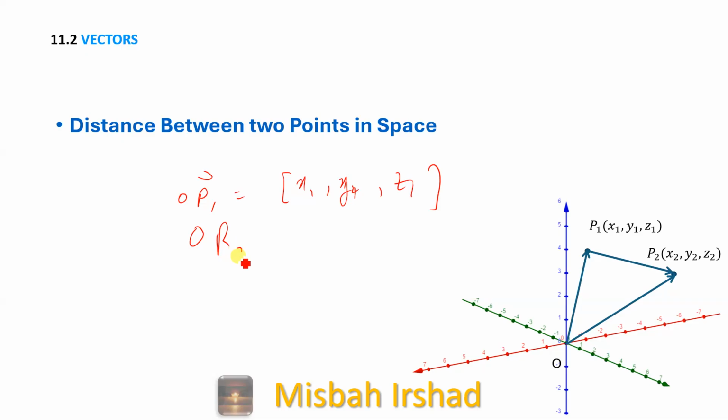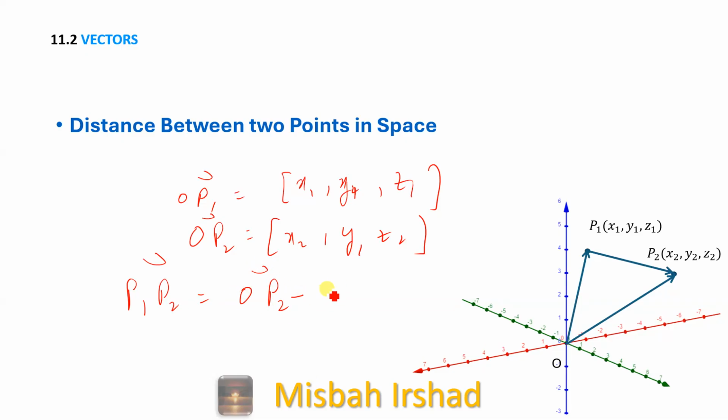And the OP2 vector, which is the position vector of P2, can be written as x2, y2, z2. We have already seen in previous slides that the P1P2 vector is OP2 vector minus OP1 vector. And this can be written as x2 minus x1, since the difference of two vectors is the difference of corresponding components, y2 minus y1, z2 minus z1.